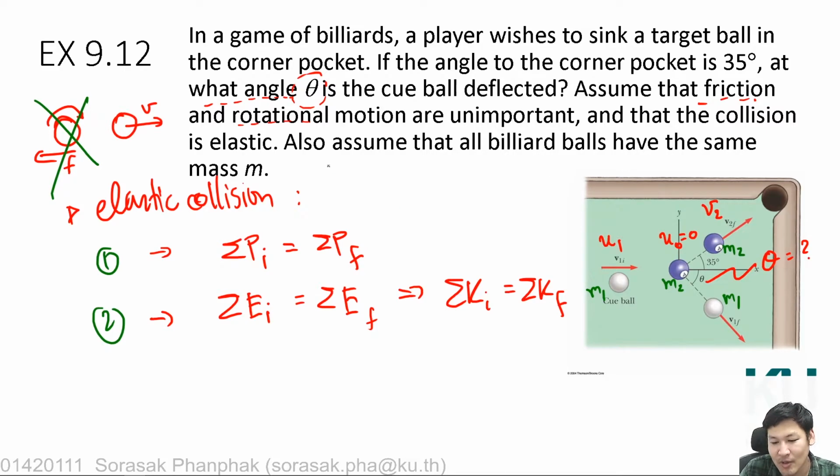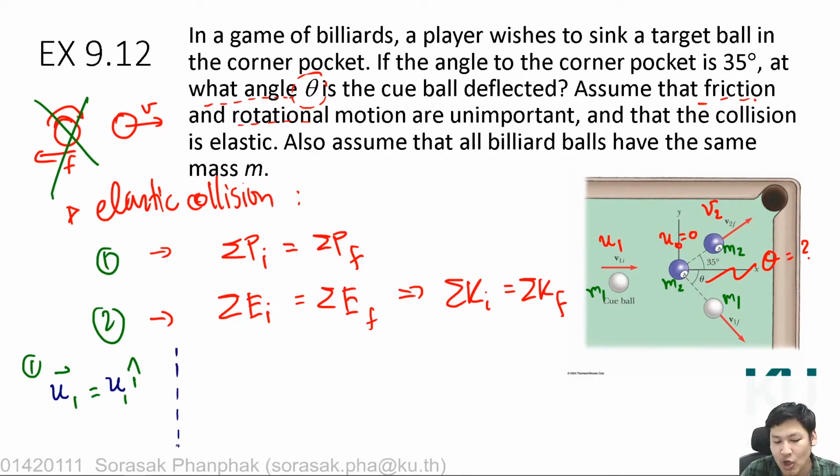If you break down the components, you will see your v2 and v1 first. Your v1 is in the i direction. So as a vector, v1 in the i direction. This is your u1, sorry, what happened before the collision.